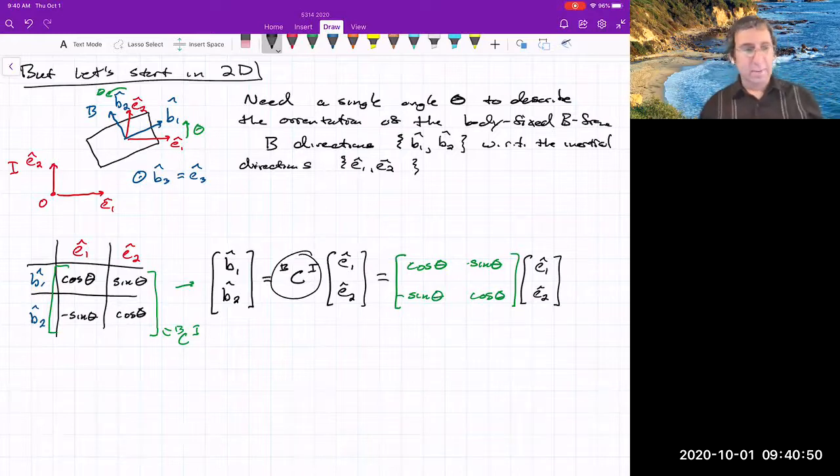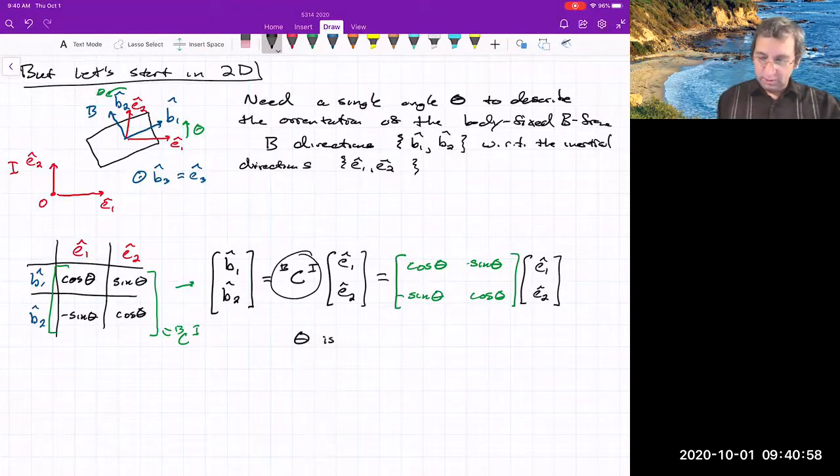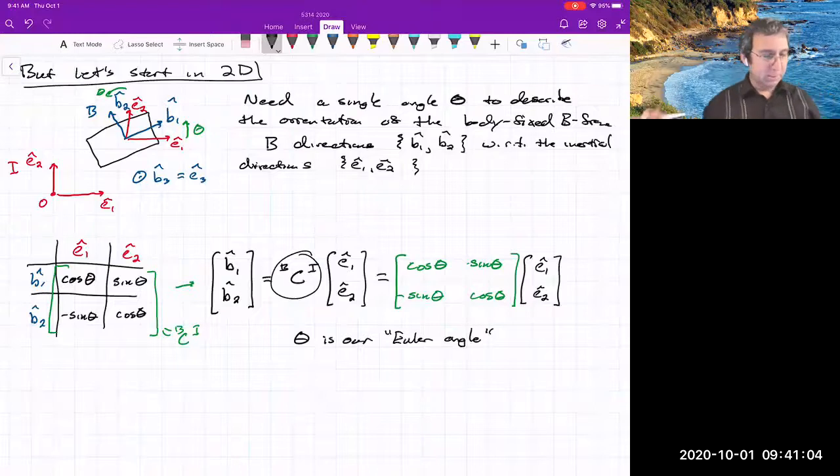It doesn't really have a name because the Euler angles were really made for doing rotations in 3D, and this is just 2D. So theta is our Euler angle. It doesn't have some name like yaw, pitch, and roll or anything. It's just the angle between these two.